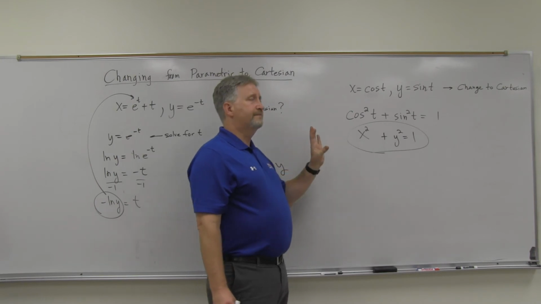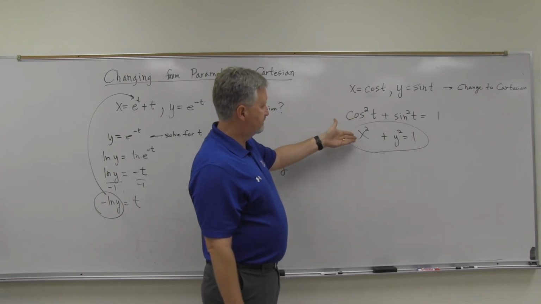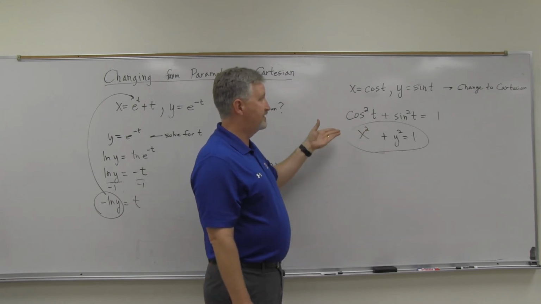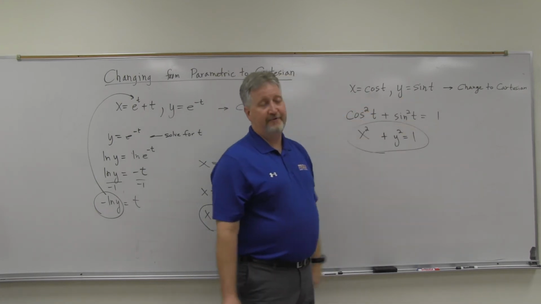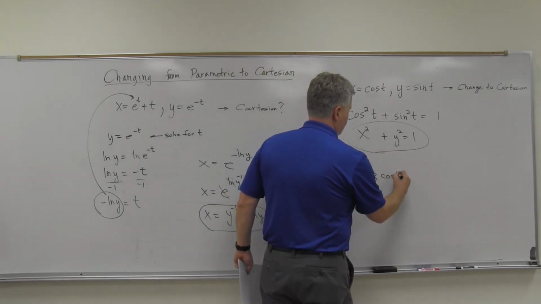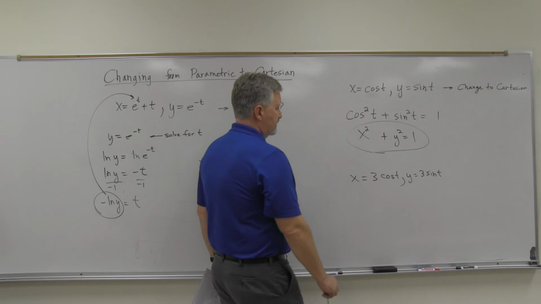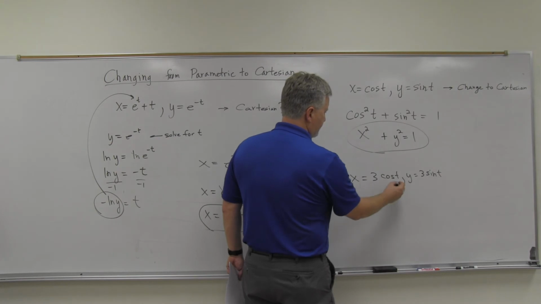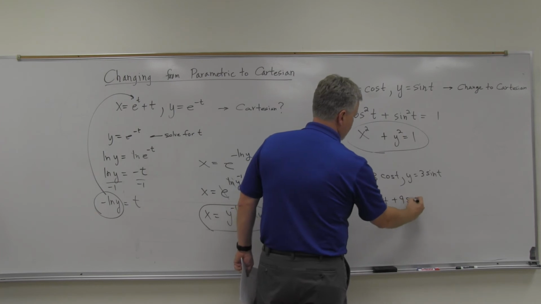The way you can get different sizes, like if I had circle radius 3, so this is kind of going the other way. If I wanted it to be radius 3, just put the 3 in front of the cosine and the sine. Because if I square that, that'll be 9 cosine squared t plus 9 sine squared t.